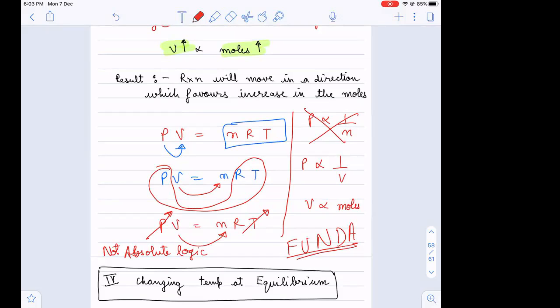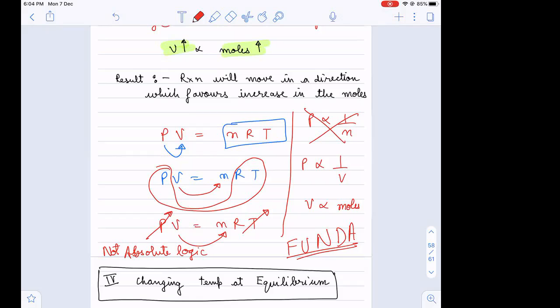Absolute logic or proof can withstand circumstances, irrespective of anything. On the other hand, what I am teaching you is a funda, and a funda has a limitation: you can never prove a funda. But experienced people can give you a funda which is applicable everywhere without exception. The only limitation is that you can never prove it.